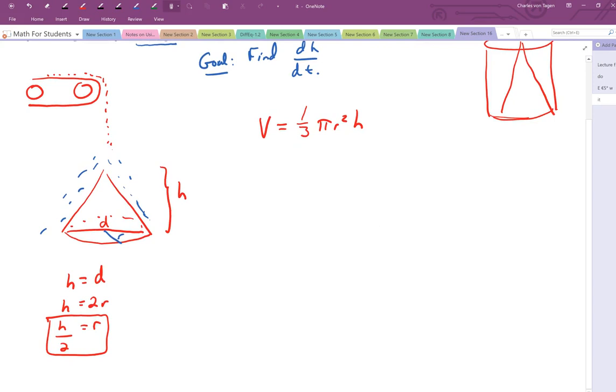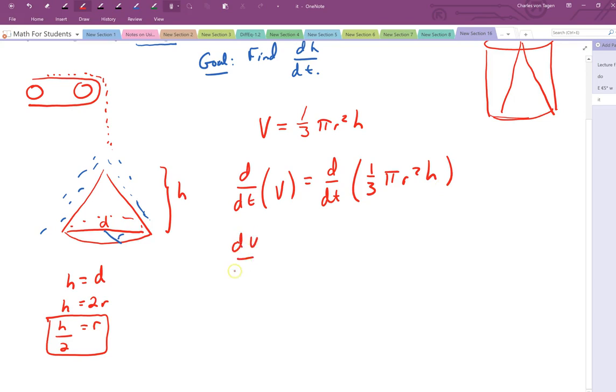Okay, so I would like to go ahead and do this. We're going to sort of take a misstep the first time because I don't know that people would always see the initial substitution. So we're going to differentiate both sides with respect to what? With respect to time. That's been the name of the game the whole time for these related rates problems. This gives us that dV/dt is equal to, now here I have two variables in this quantity, r and h.